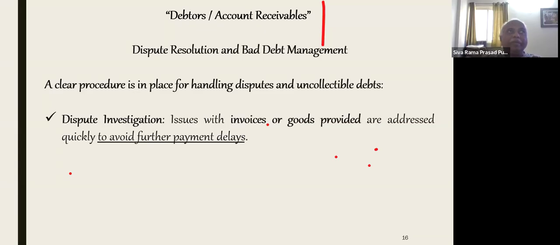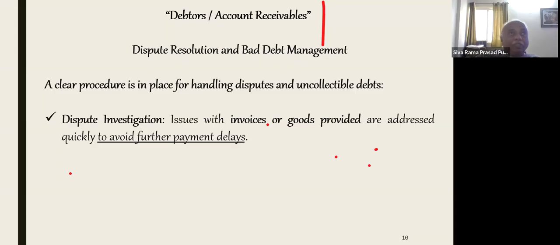Dispute resolution, bad debt management. A clear procedure should be in place for disputes also. Uncollectible debts: once a debt is uncollectible, you have to talk to the law department or law officer of the company, because the amounts are not received. What action are you taking? If it is to be filed with the civil courts, file it.